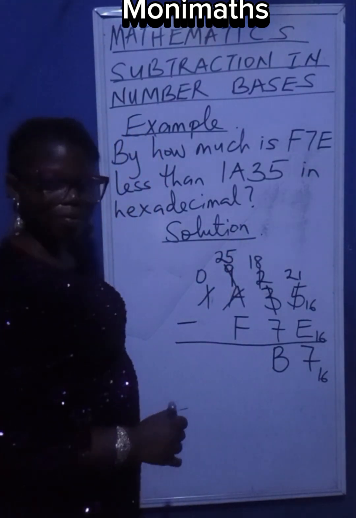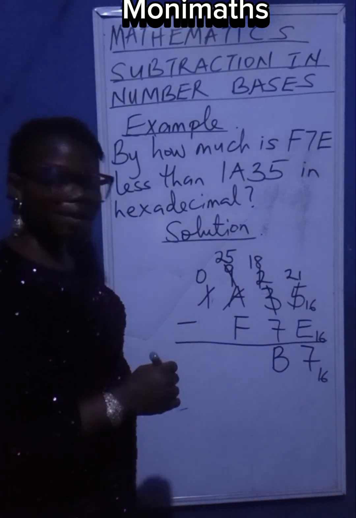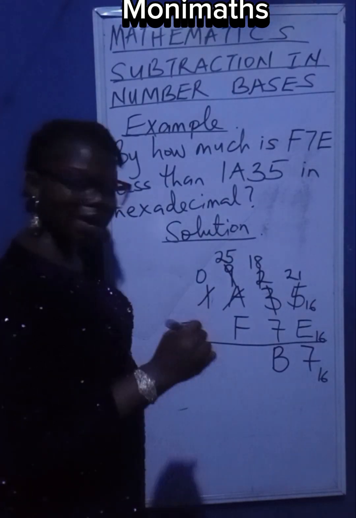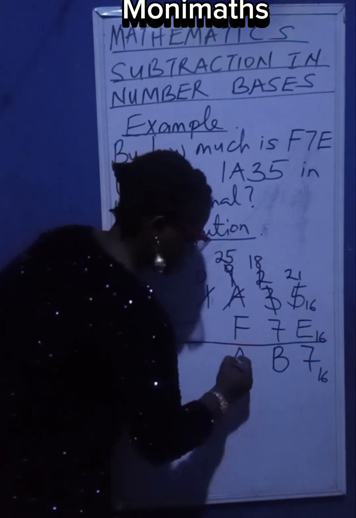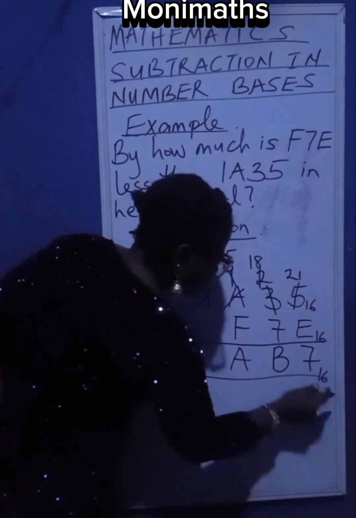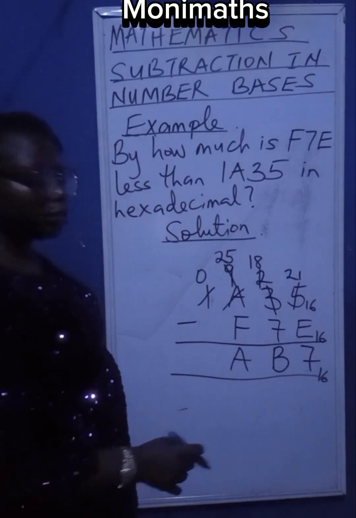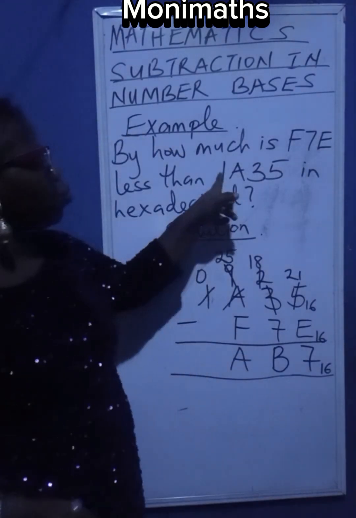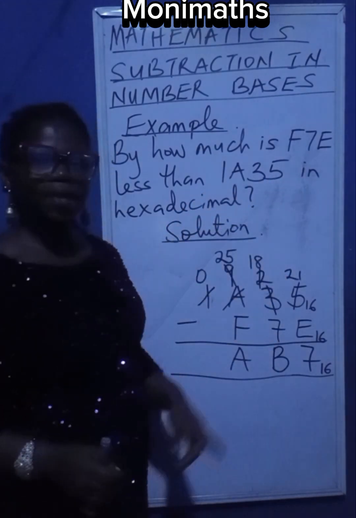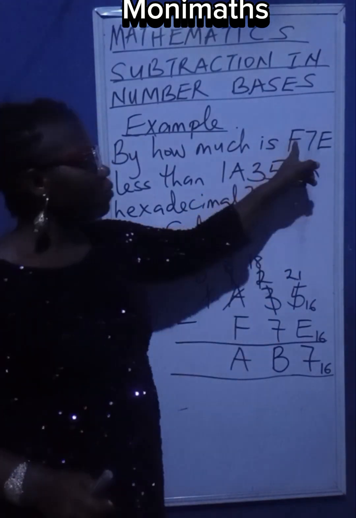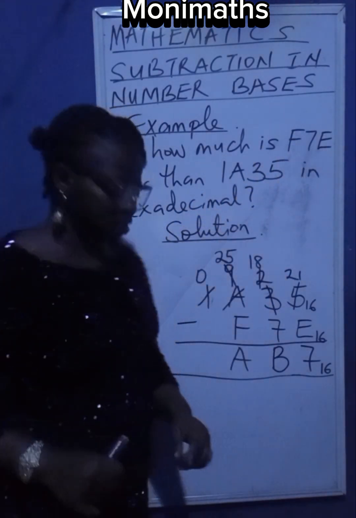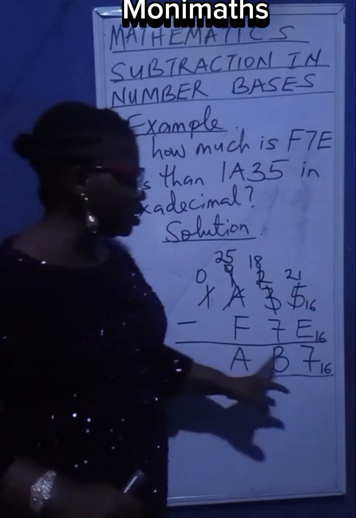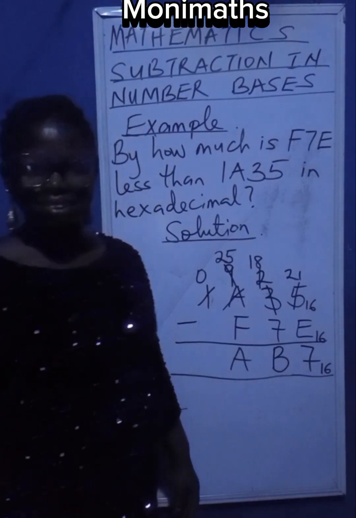That is 10. And 10 is represented in base 16 as A. So the difference between 1835 in base 16 and F7E in base 16 is AB7 base 16.